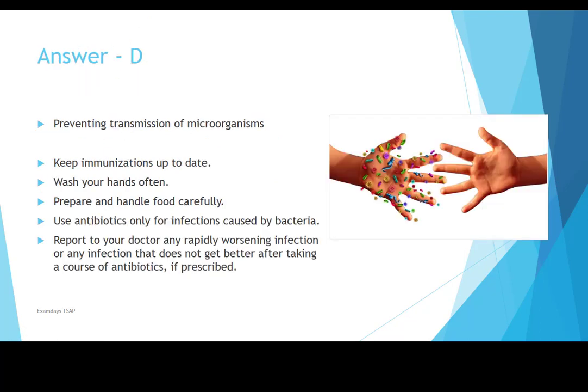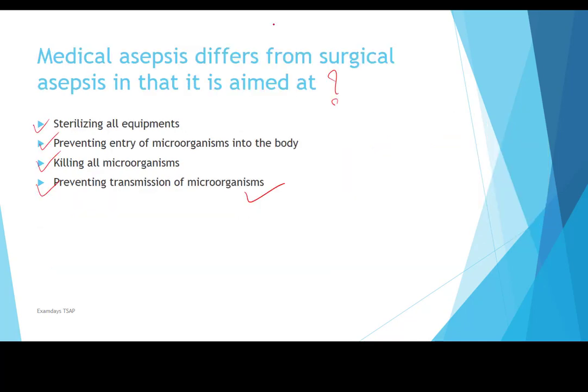So the explanation is, this image is given only for the user's understanding, because medical asepsis differs from surgical asepsis in that it is aimed at preventing the transmission of microorganisms.